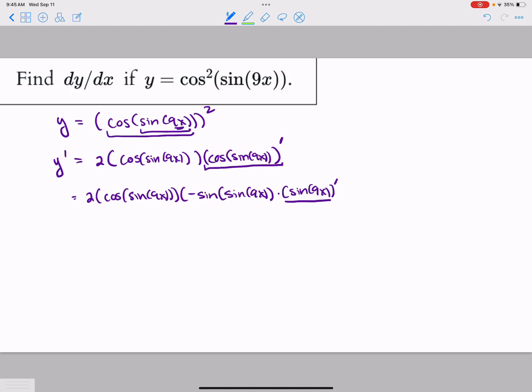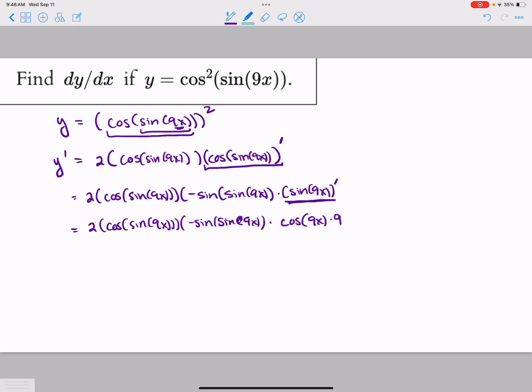So now I'm going to work on this piece. 9x is inside the sine. So the derivative of sine is cosine. So I have cosine of 9x. So derivative of the outside, leave the inside alone. Then I'm going to multiply by the derivative of the inside, which I can now do in my head, which is 9.